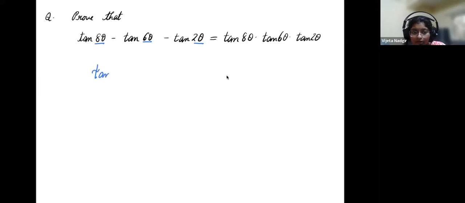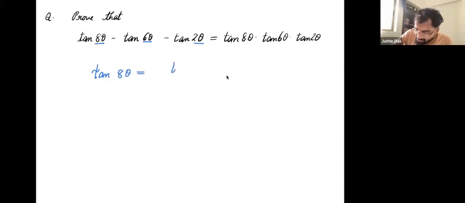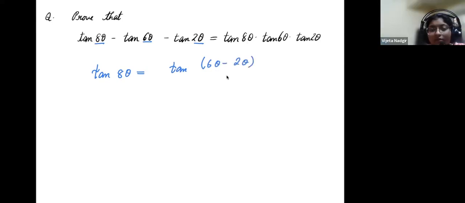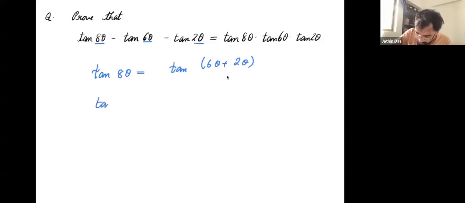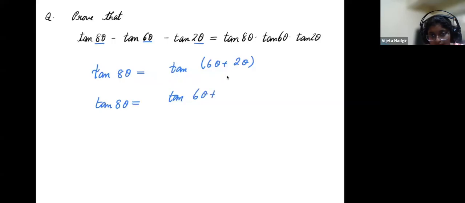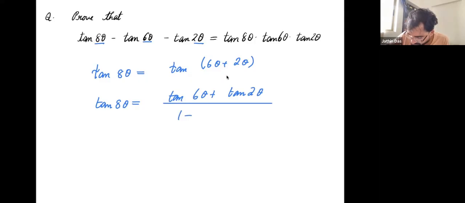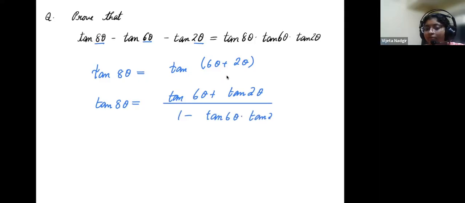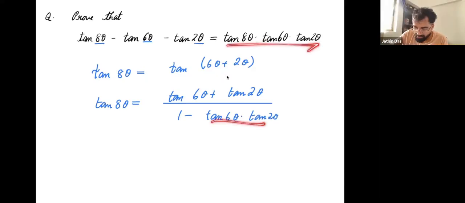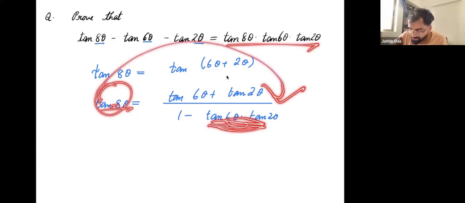See, what I'll do is write tan 8 theta as tan(6 theta plus 2 theta). Oh, sorry, plus. So tan 8 theta will be (tan 6 theta plus tan 2 theta) upon (1 minus tan 6 theta tan 2 theta). Now, if you cross multiply, don't you think you'll get this? Wherever there's a multiplication of all the three, I'll bring it to the other side.